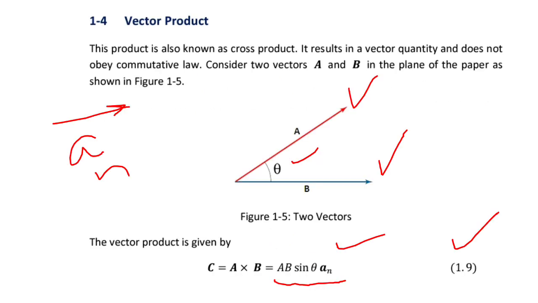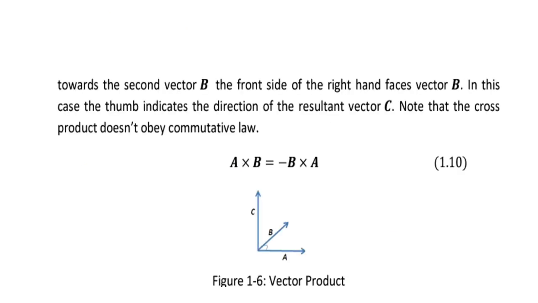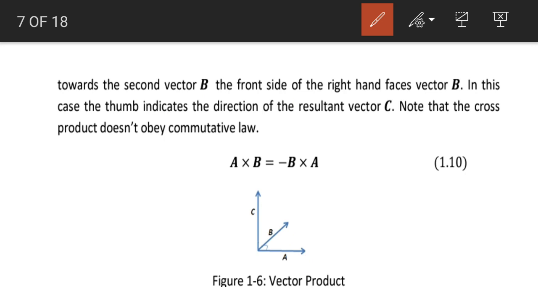So let us explain the right-hand rule. If we want to find out the direction of the resultant vector A cross B, you see vector A is coming first.